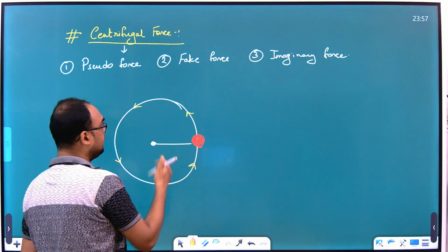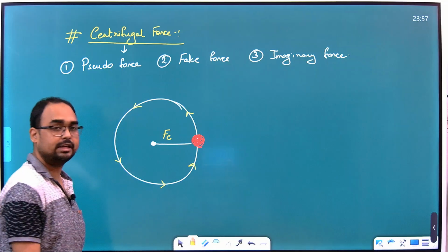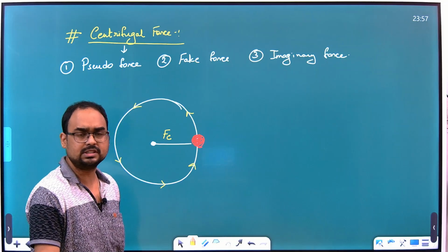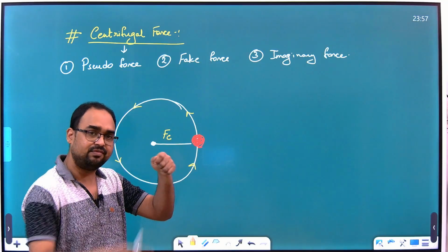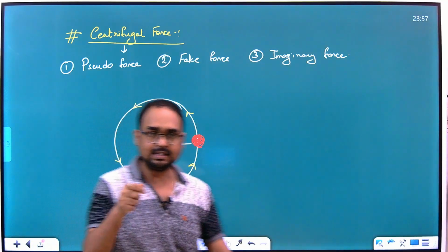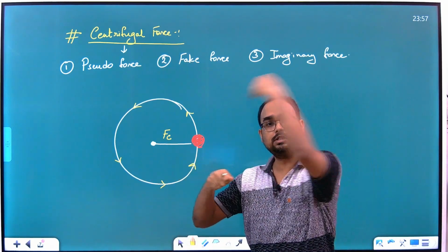Now, towards the center, the force that is acting is your centripetal force, or the tension force, both are the same. Now, when I'm rotating something, my hand is fixed. The object is rotating.